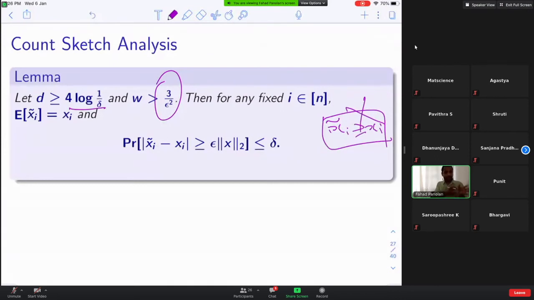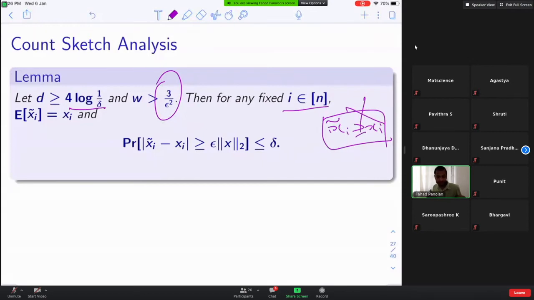But what we can prove is, suppose you take d to be 4 log 1 by delta, and w, the number of buckets for each of the hash functions h1, h2, up to hd, to be 3 by epsilon square.